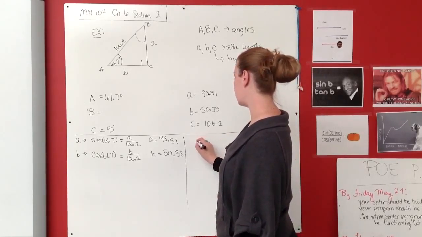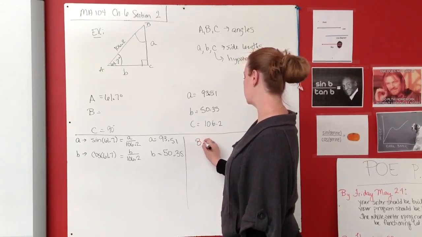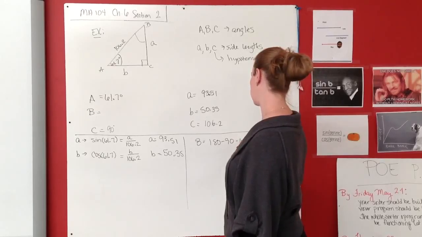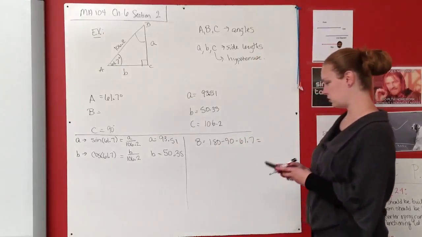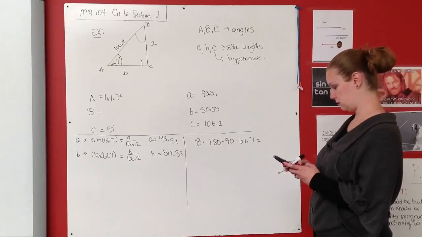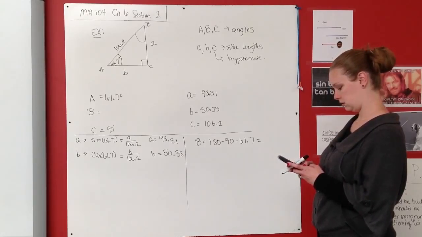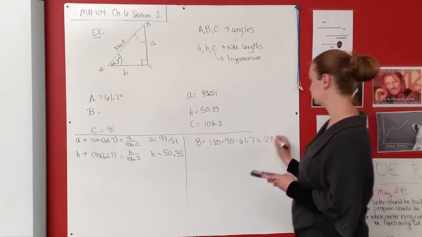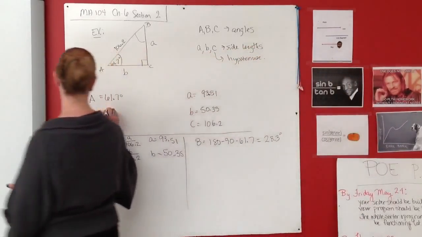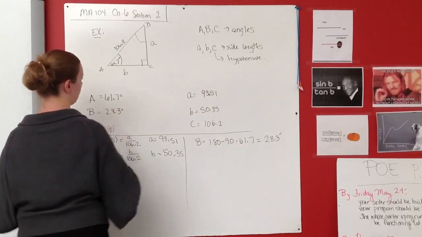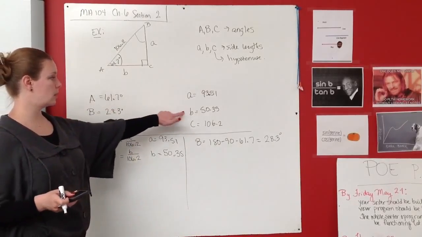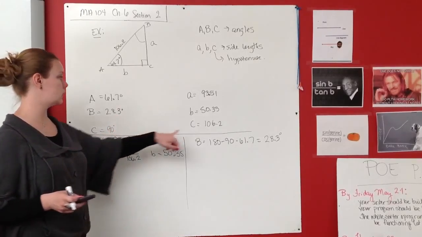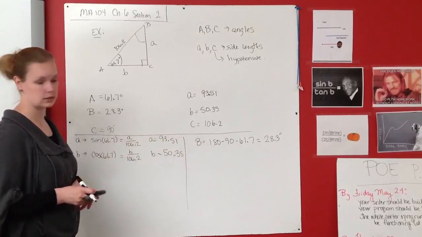So I would say B is equal to 180, we're going to subtract 90, and we're going to subtract 61.7, which means that the measure of angle B is 28.3 degrees. Now, again, a double check. The smallest side length should have the smallest angle. The largest side length should have the largest angle, so keep that in mind.